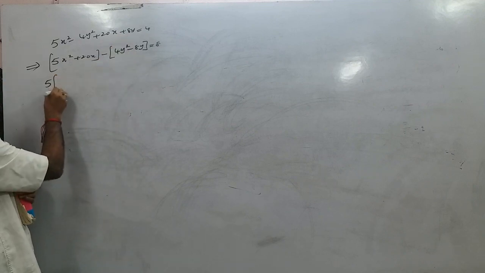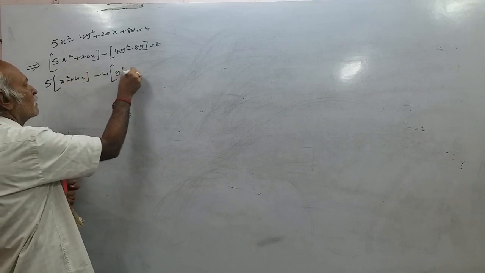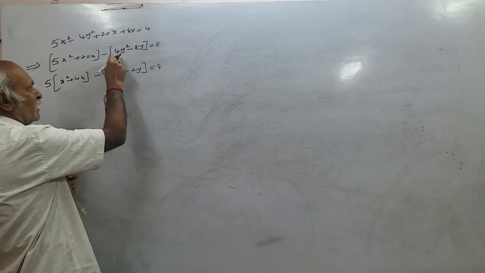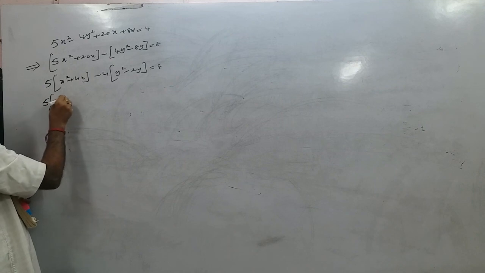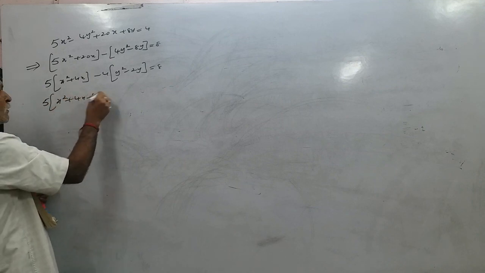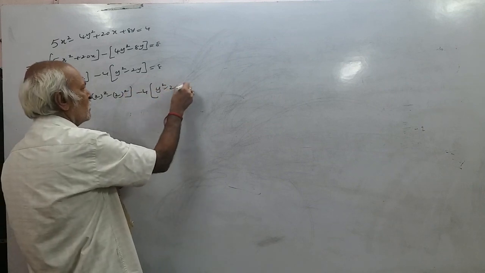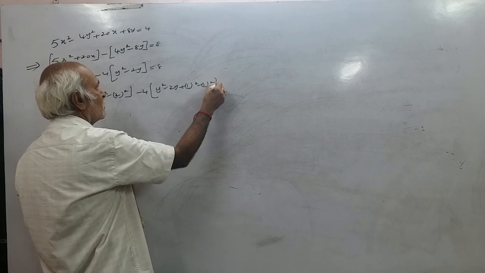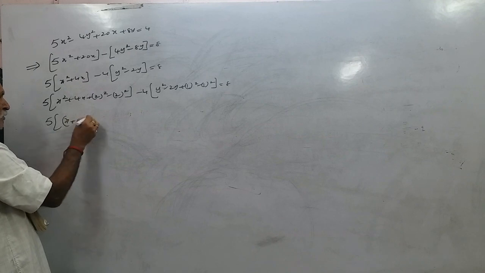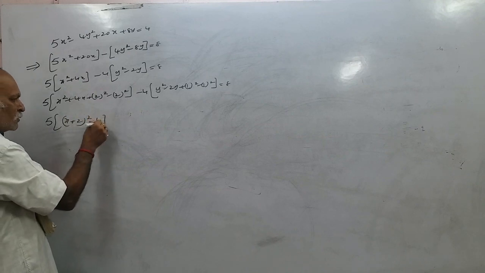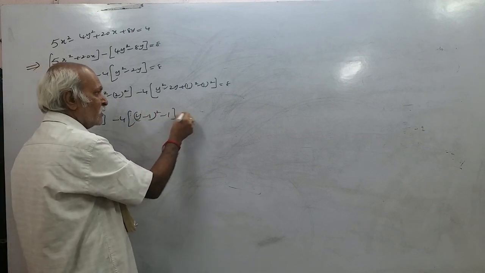So 5 common, 4 common. Observe here, we are taking 4 only common, not minus, already we are taking the minus sign. So 5(x + 2)² − 4(y − 1)² = 8.